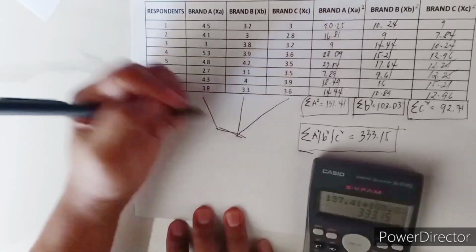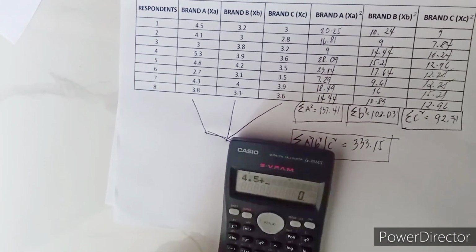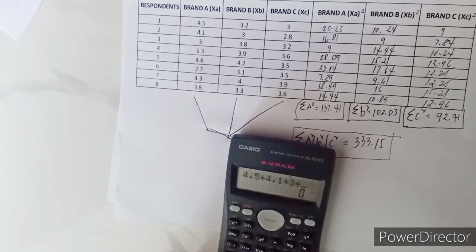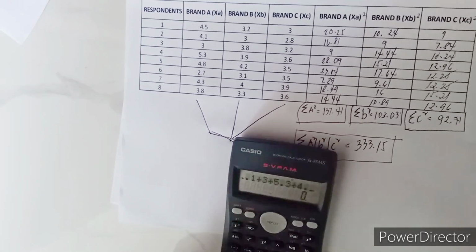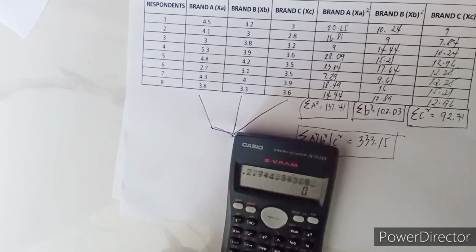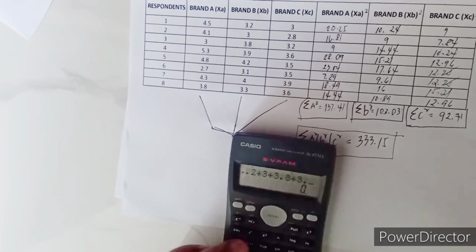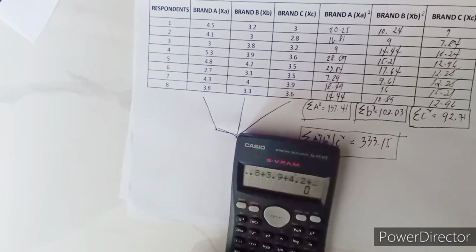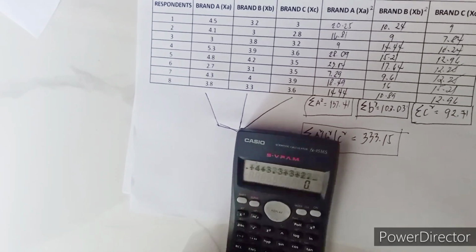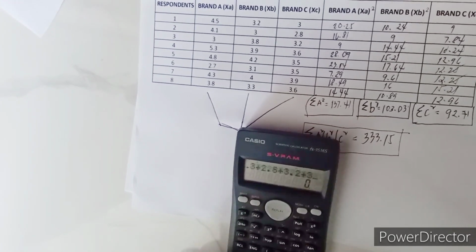Ma'am Tintin, basa. 4.5, 4.1, 3, 5.3, 4.8, 2.7, 4.3, 3.8, 3.2, 3, 3.8, 3.9, 4.2, 3.1, 4, 3.3, 3, 2.8, 3.2, 3.6.